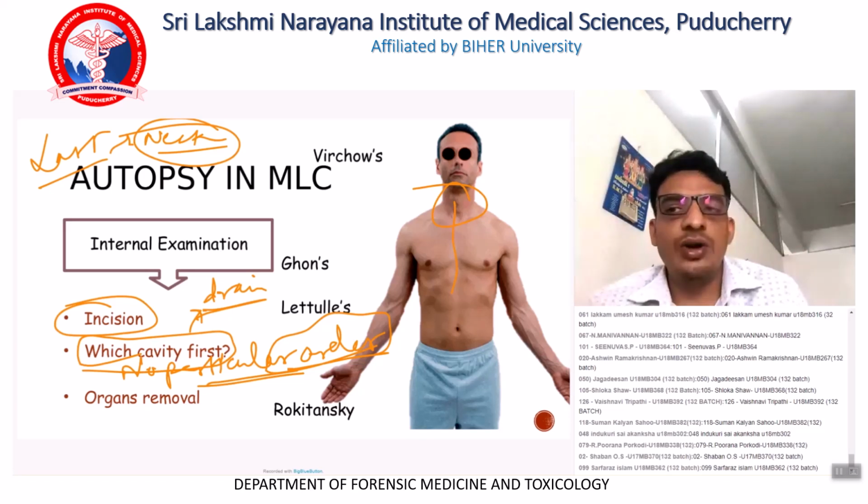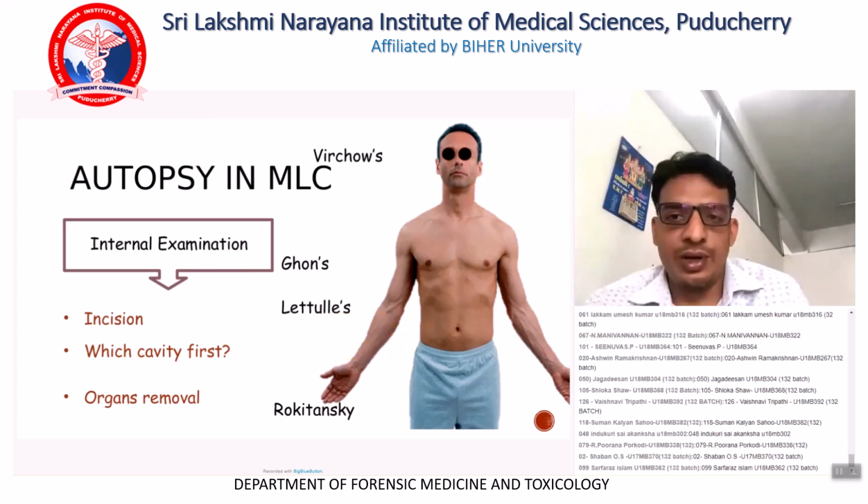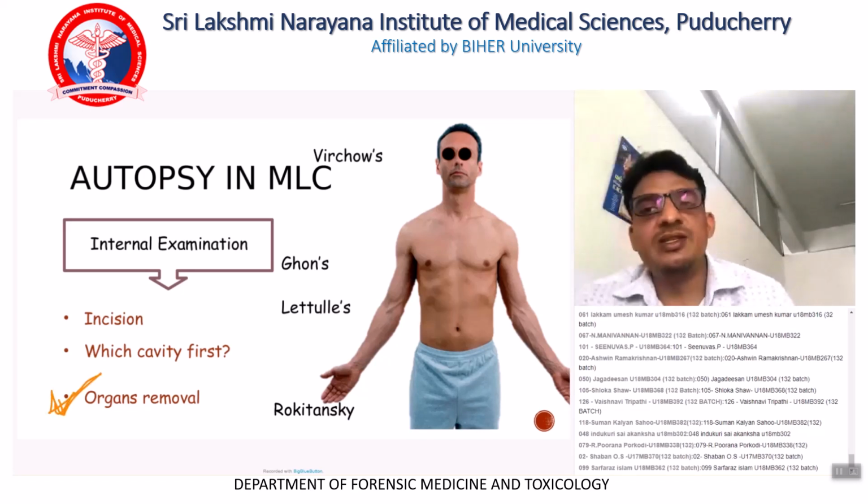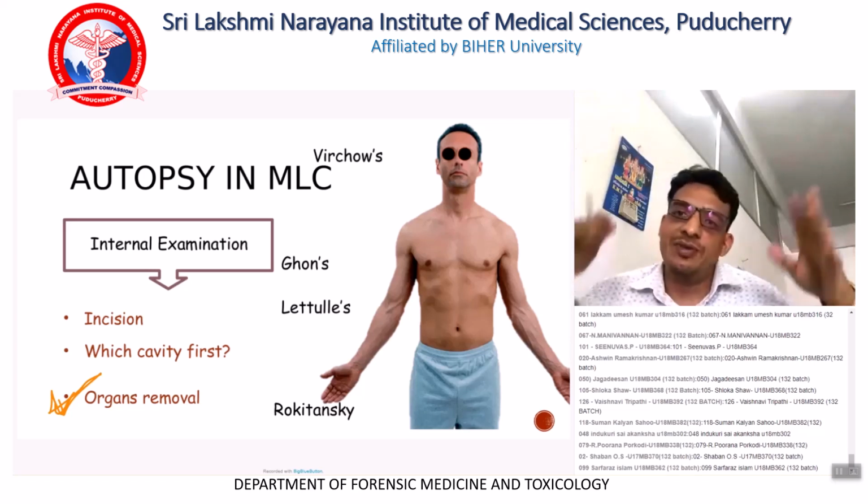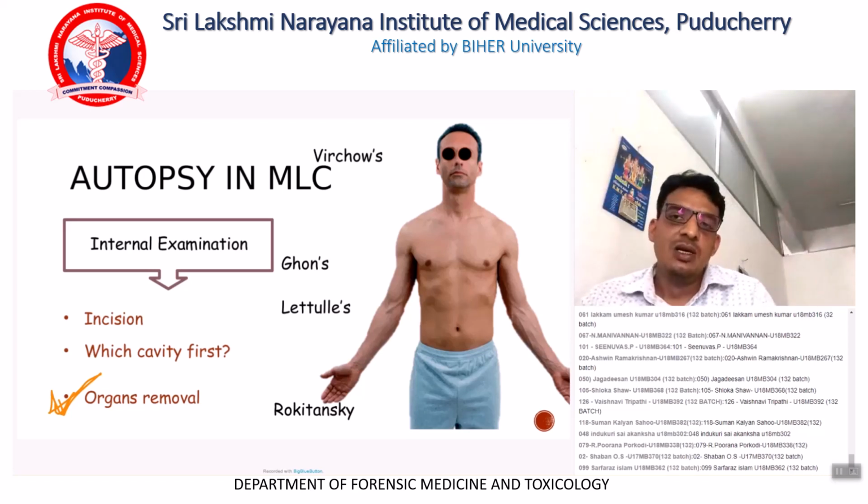Organ removal. Now for organ removal, when we have made the incision, dissected the muscle planes and exposed the cavities, how to take the organs out? That becomes a separate question.